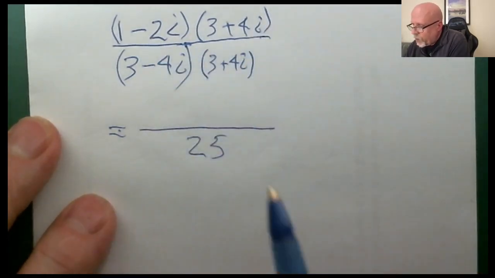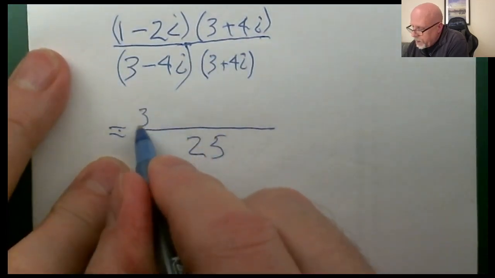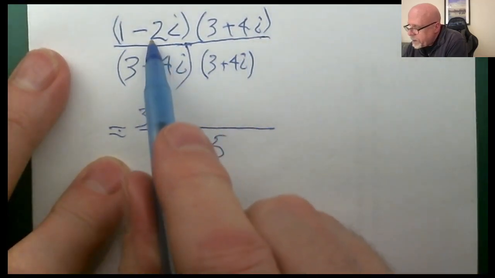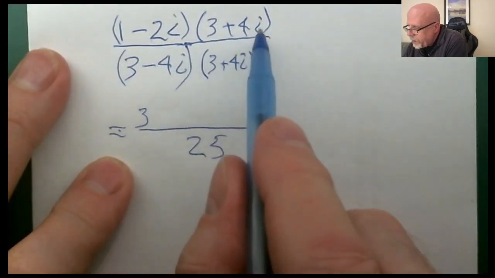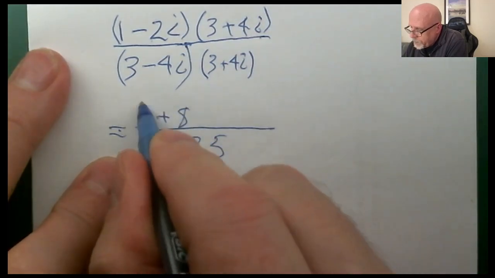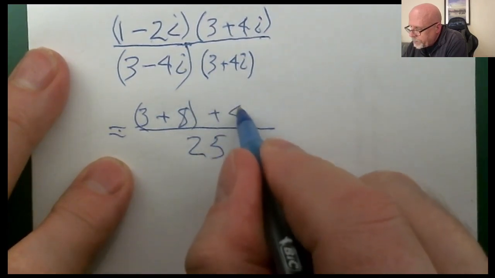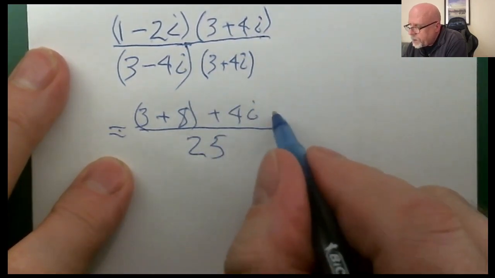The top, we have a little more work to do, but the bottom is just a divide by 25. First times first is 3. Last times last is negative 8 with an i squared. That's positive 8. Outer times outer is 4i. Inner times inner is minus 6i.